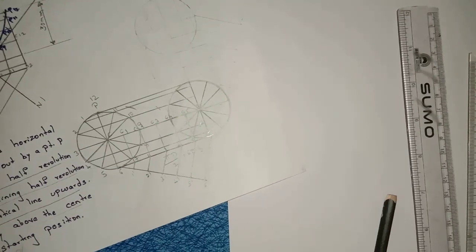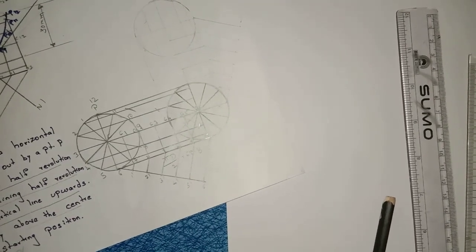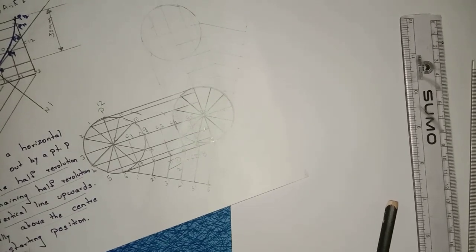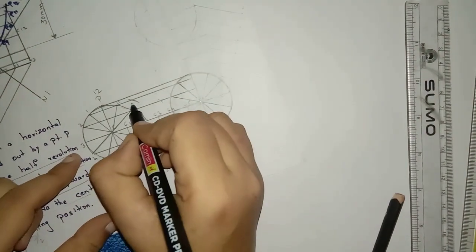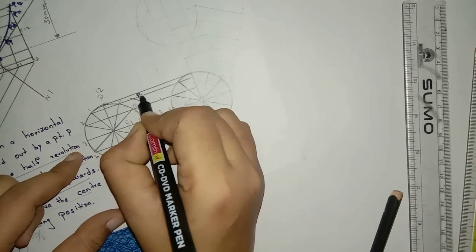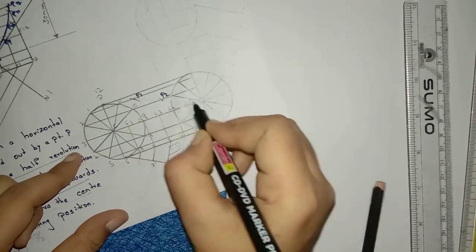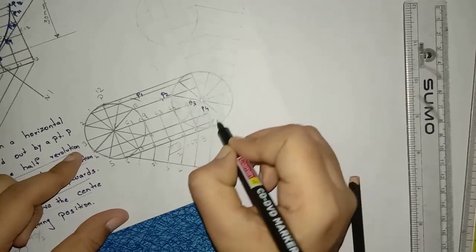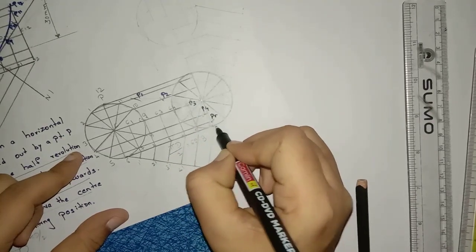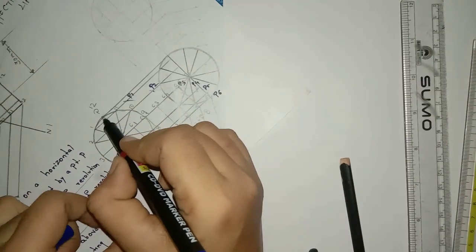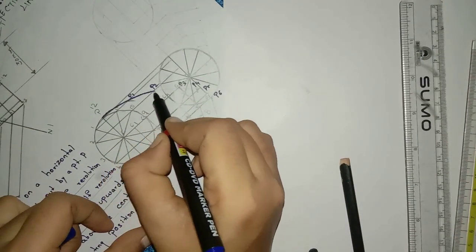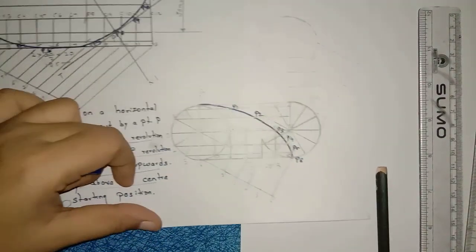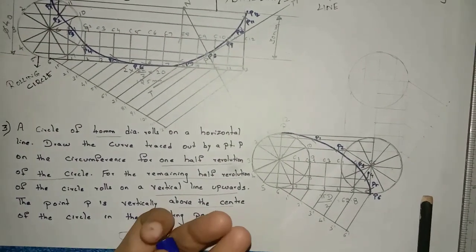Right, so if I join all these, P1, P2, P3, P4, P5, P6, I will get half of the cycloidal curve.